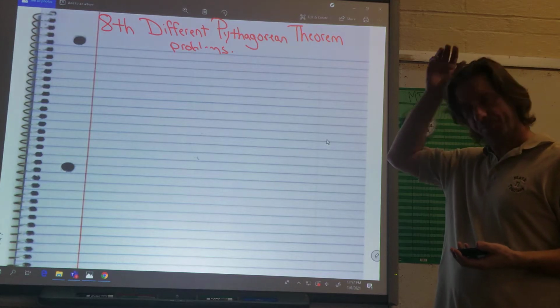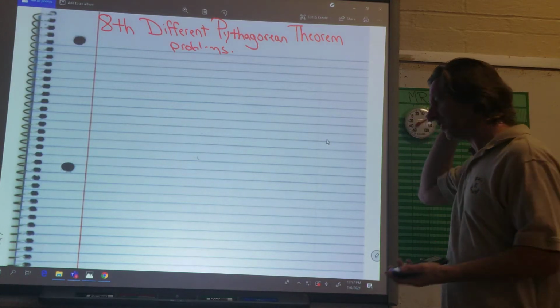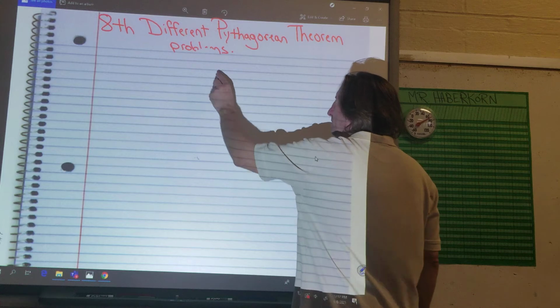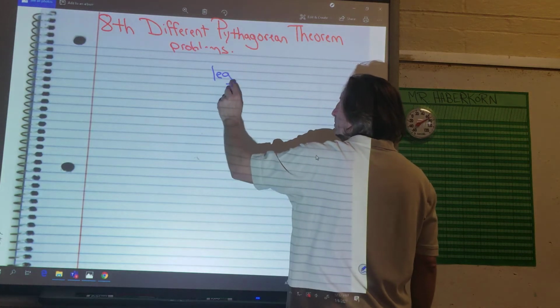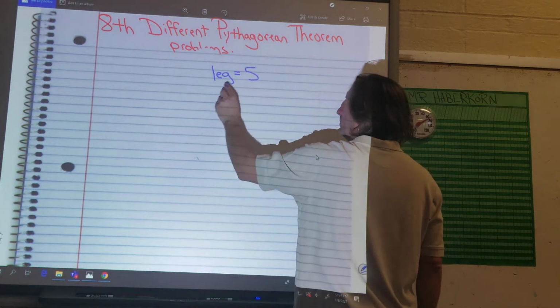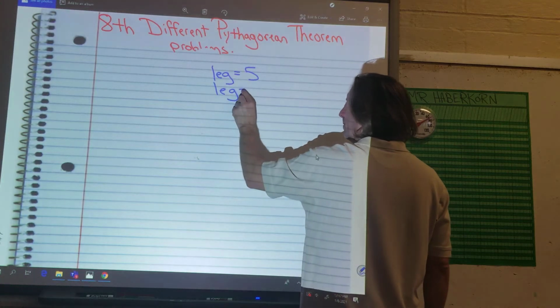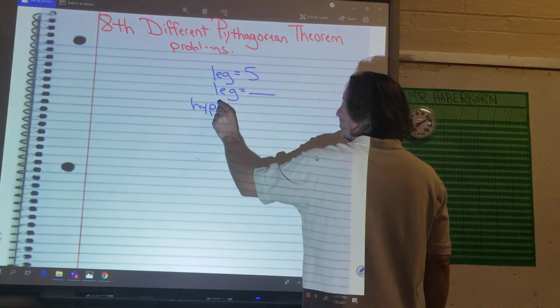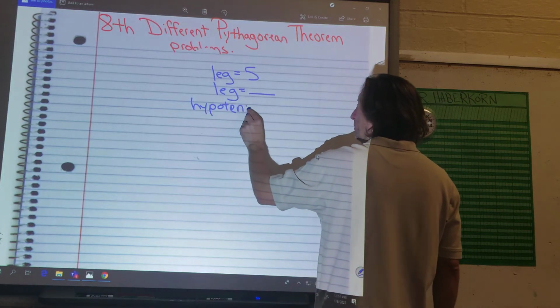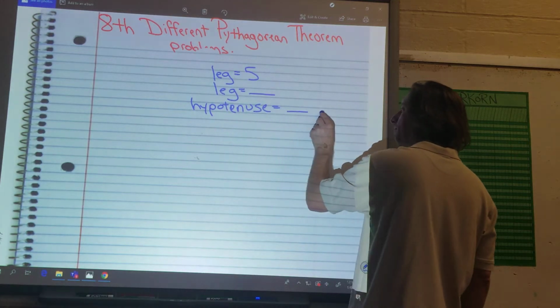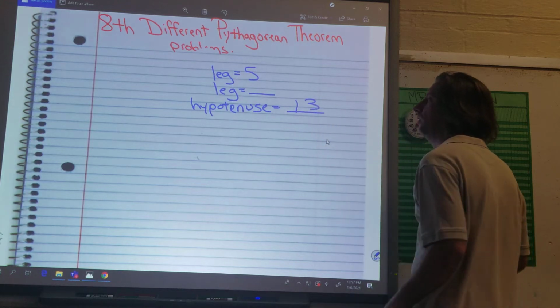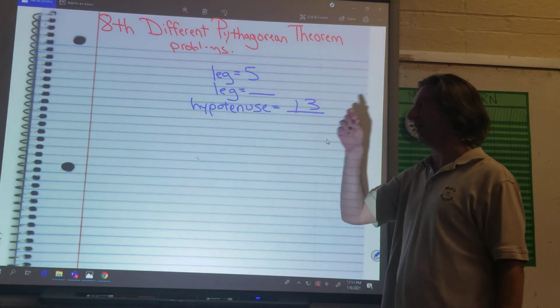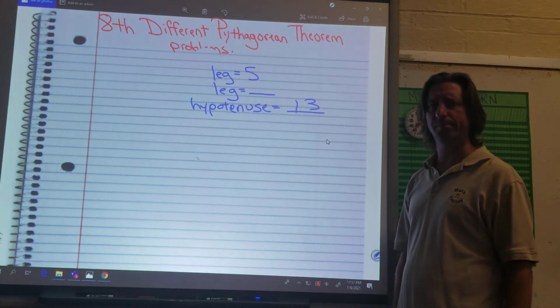I think we've already done ones where they tell you the legs. I want you to find the missing side. So they gave you one leg, they gave you the hypotenuse, but they didn't give you the other leg.